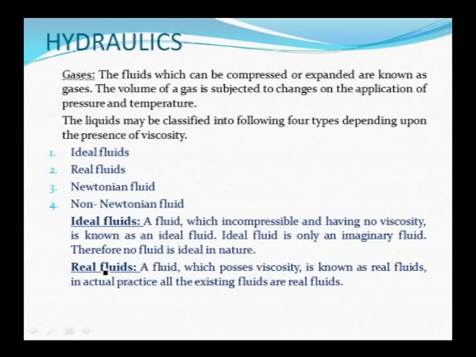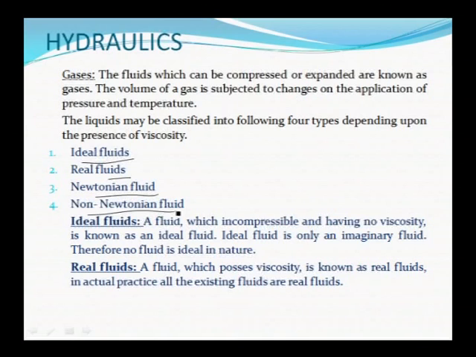The liquids may be classified into the following types. There are four different types of liquids. The first one is ideal fluid, the second one is real fluid, the third one is Newtonian fluid and the fourth one is non-Newtonian fluid.